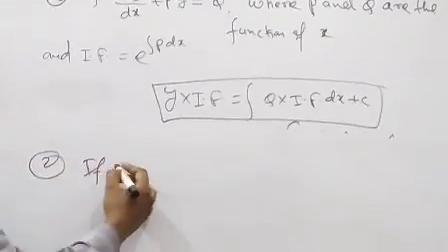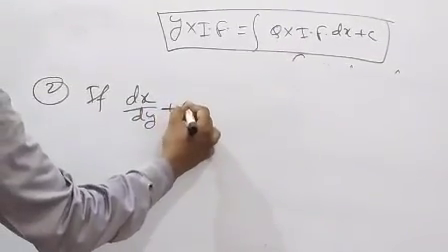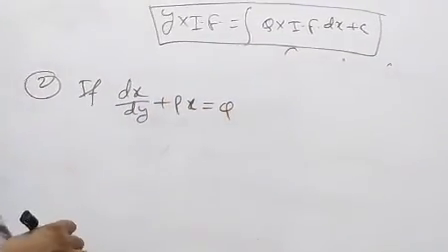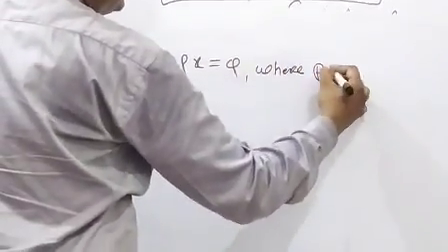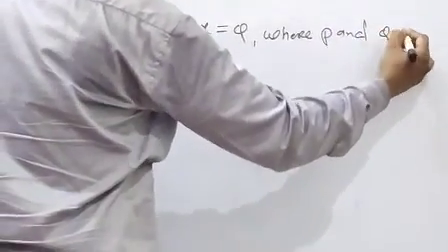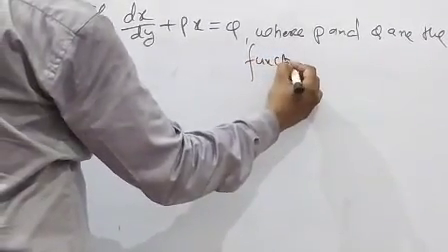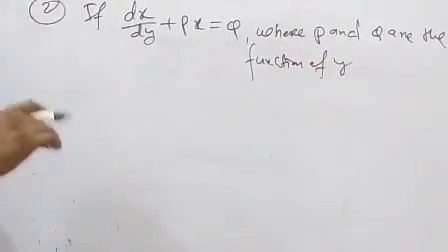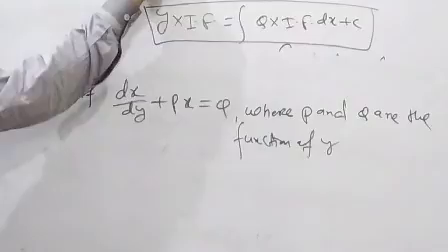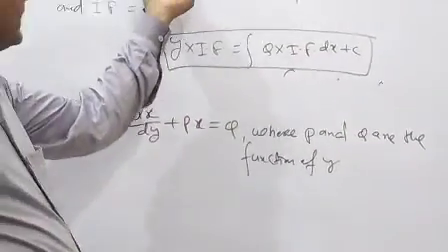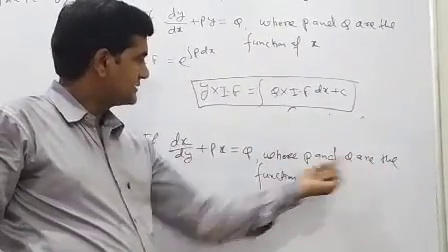The second form means if any question is in this form, dx by dy plus Px is equal to Q, where P and Q are functions of y. In the first form, P and Q both are functions of x, but here P and Q are functions of y.